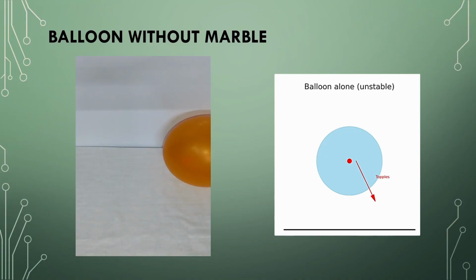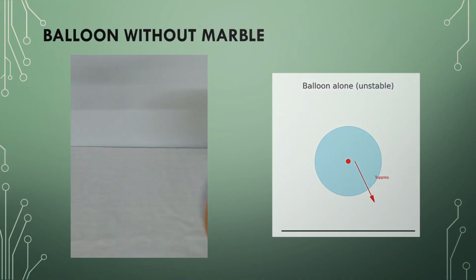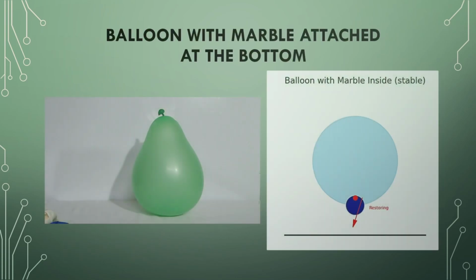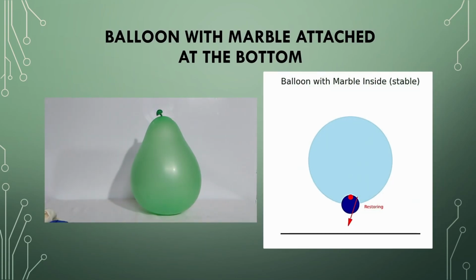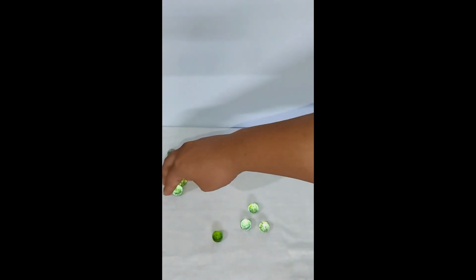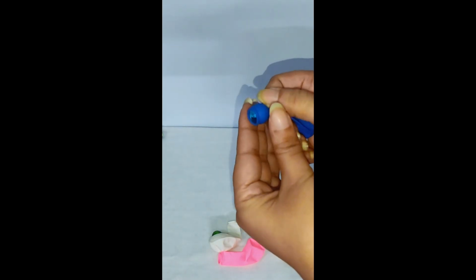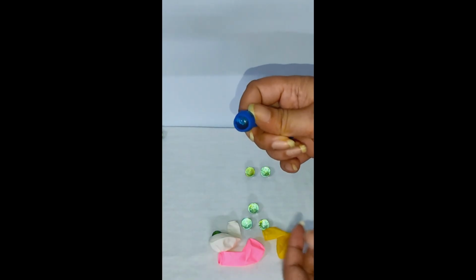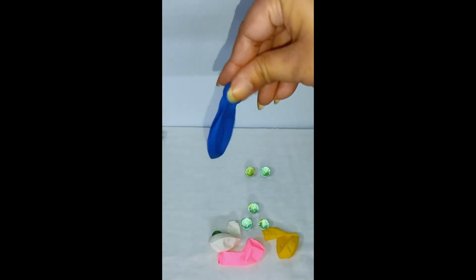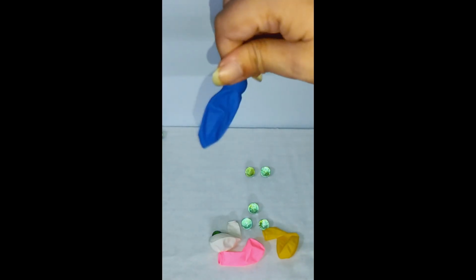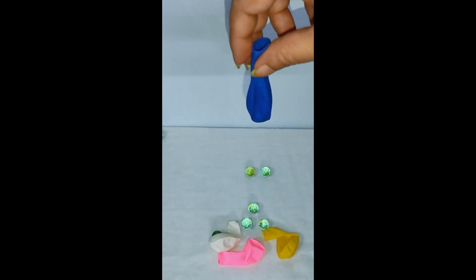So how to adjust it? Let's go to the next video. What we can do here is take some marbles and a balloon. Just take a marble and try to put it inside the balloon to alter the center of mass.